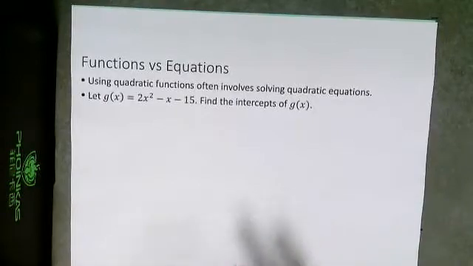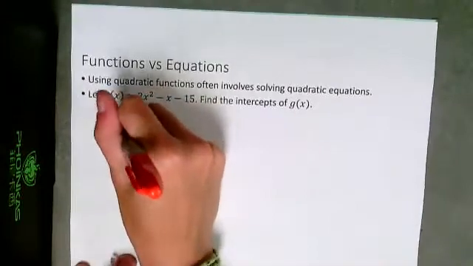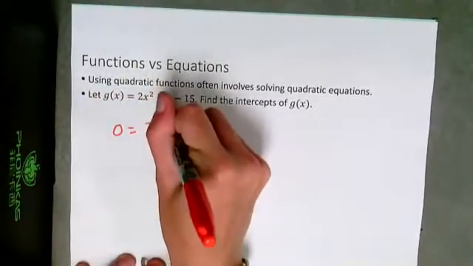Using quadratic functions often involves solving quadratic equations. So if we look at this function, g of x is equal to 2x squared minus x minus 15, and we want to find the x-intercepts of g of x, well, we have to set g of x equal to 0 and solve for x.